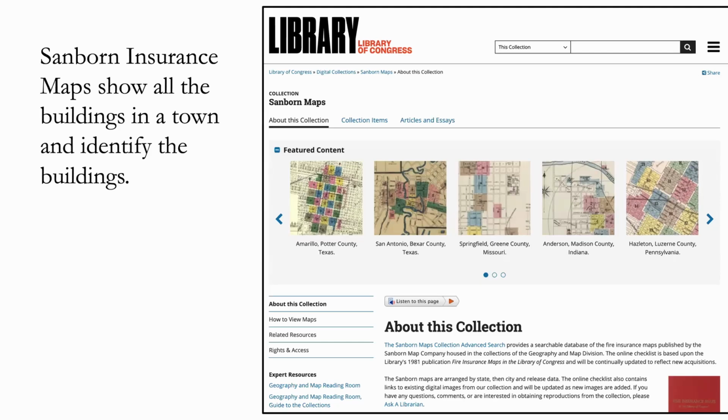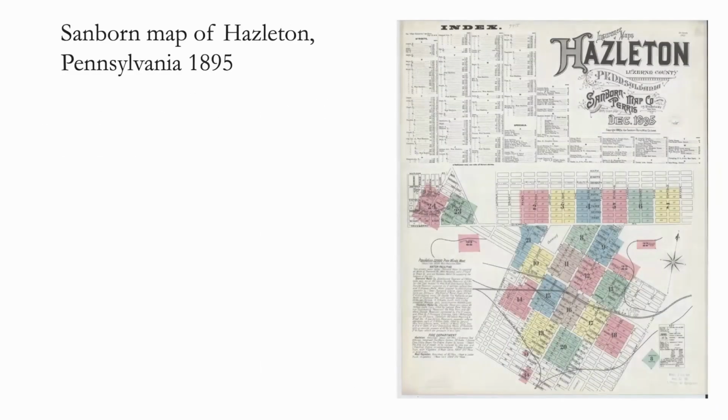But in each case, they named every single person who was involved in that town. Now, here's just one pulled up. I just needed an example, and this is the one that came up. This is in Luzerne County, and it is the map of the town.